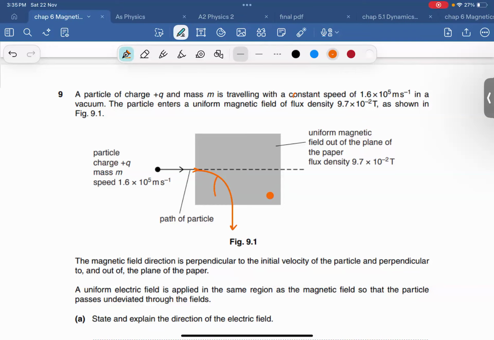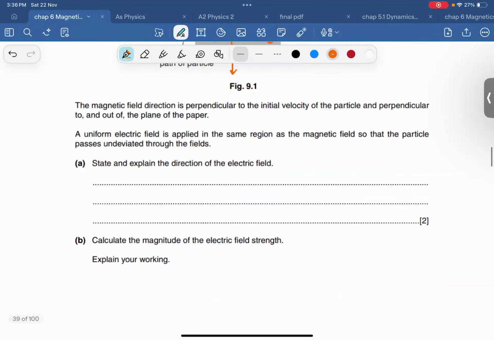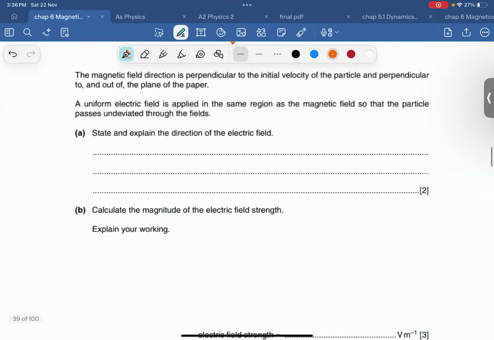If the magnetic field is coming out of the plane, then the first finger will be towards the top of the ceiling, and the second finger should be rightward because the charge is moving from left to right, and the force is downward. In order to overcome this force, you have to apply another force in the vertical direction, and that should be equal to E times Q.